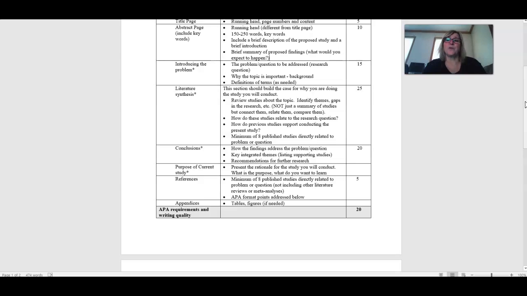Then after you've introduced the problem and what you're going to be looking at, now you're going to get into the meat of the paper, which is your literature synthesis. So you're taking those studies that you evaluated and you're synthesizing the information from those articles to draw conclusions and to support conducting the study that you have decided to conduct.